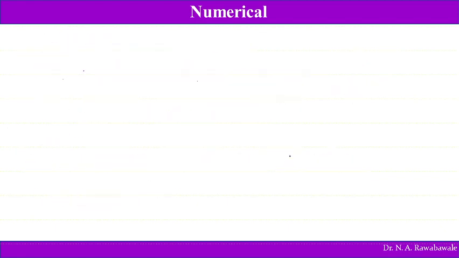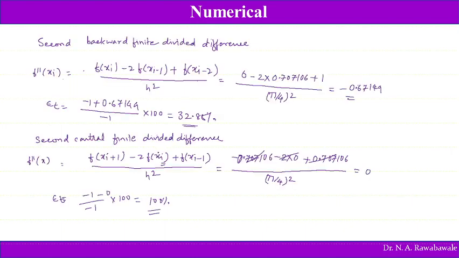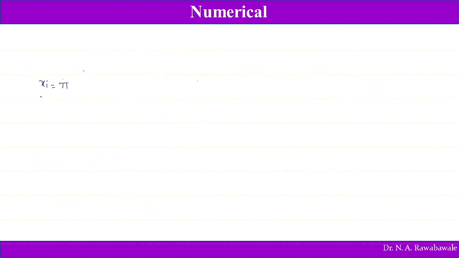So here xi is equal to pi we take, and in the backward difference formula what we need is xi minus 1 and xi minus 2.